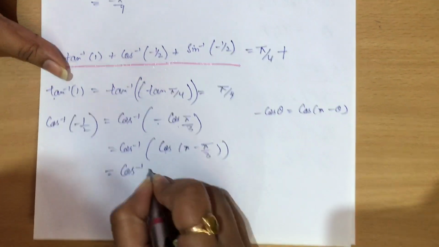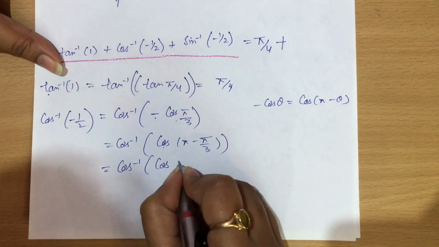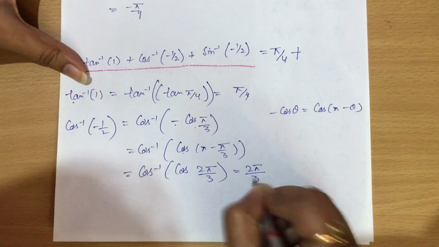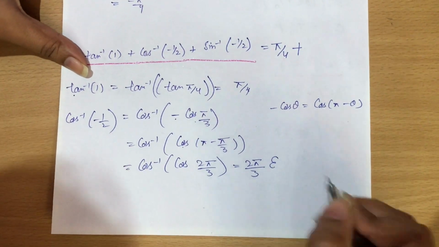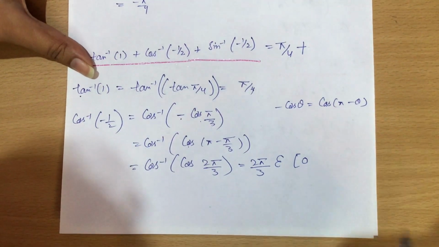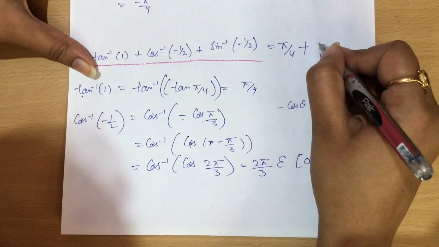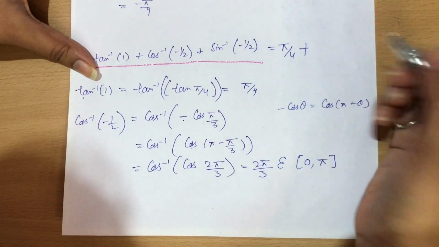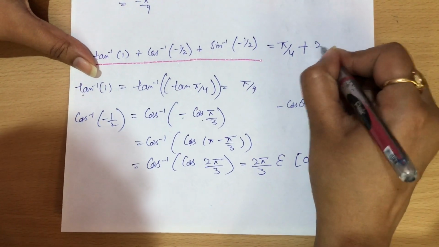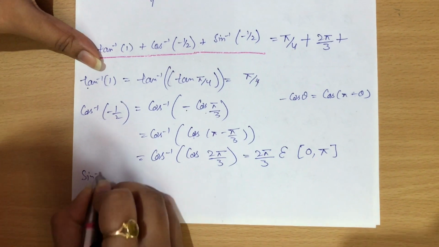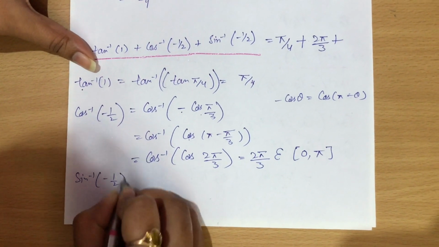Okay students, so just solve this. You will get cos inverse of cos 2 pi by 3, and this will equal 2 pi by 3, because 2 pi by 3 belongs to the principal range of cos inverse, which is 0 to pi. So cos inverse of minus 1 by 2 means 2 pi by 3, plus sine inverse of minus 1 by 2.